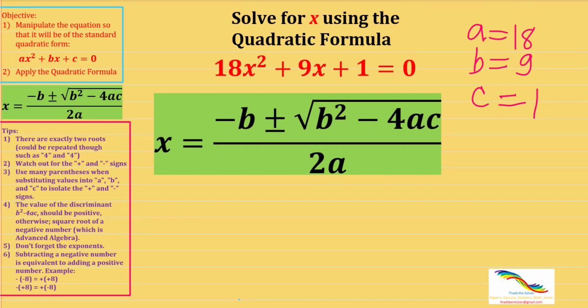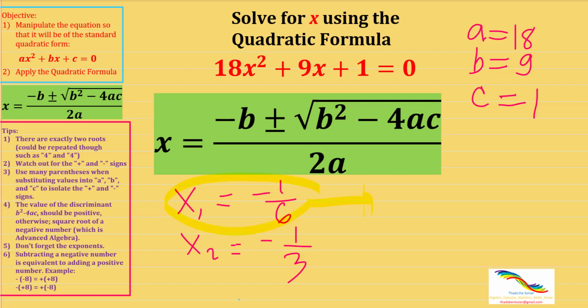Okay, so the solution we have is that x1 equals minus 1 over 6 and x2 equals minus 1 over 3. Is that correct? Now we expected 2 roots, so now we have 2 roots.